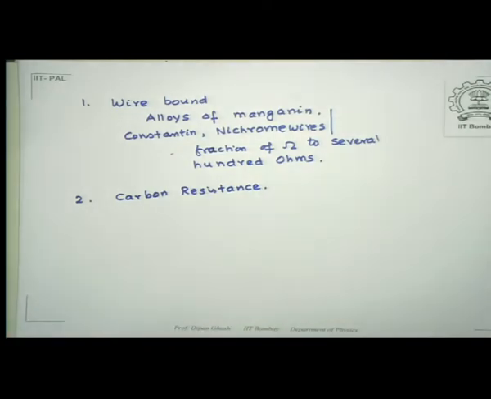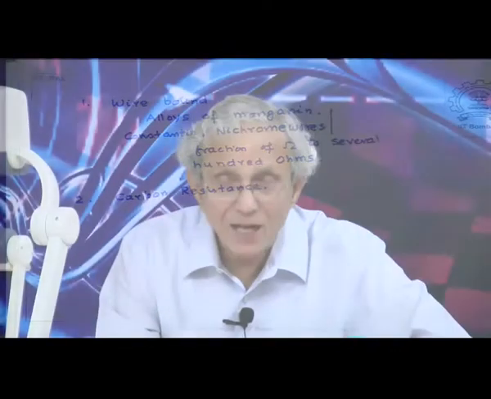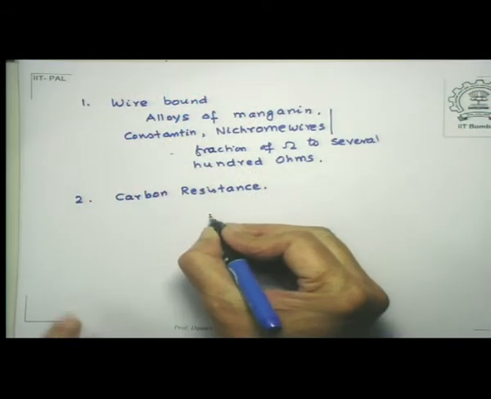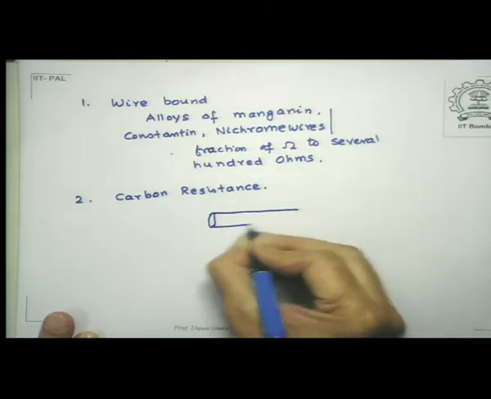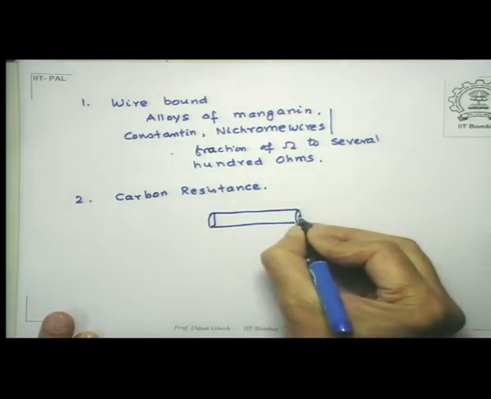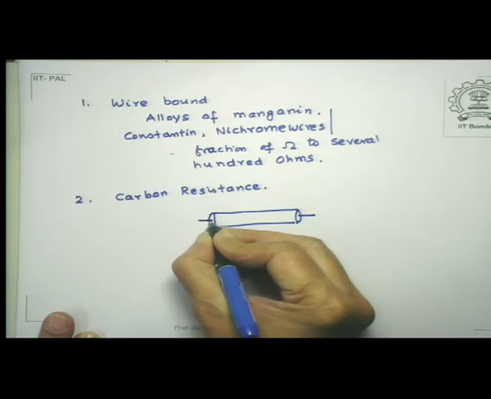Now in carbon resistance, there is a color coding used to indicate what the resistance is. If you go to the lab and pick up a carbon resistance, you will find there are certain color bands there. Typically a carbon resistance would look like this. So let me suppose this is the resistance. There will be two lead wires across which you can apply the potential difference.